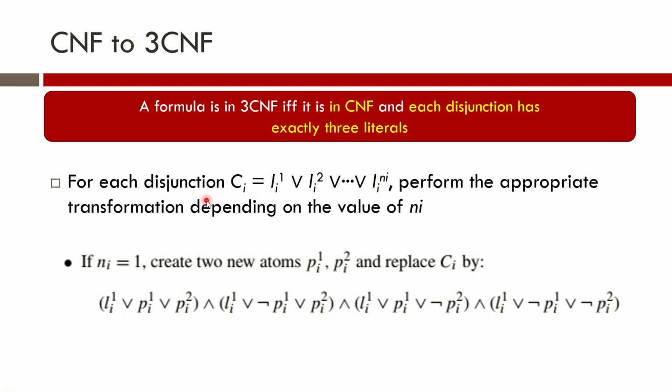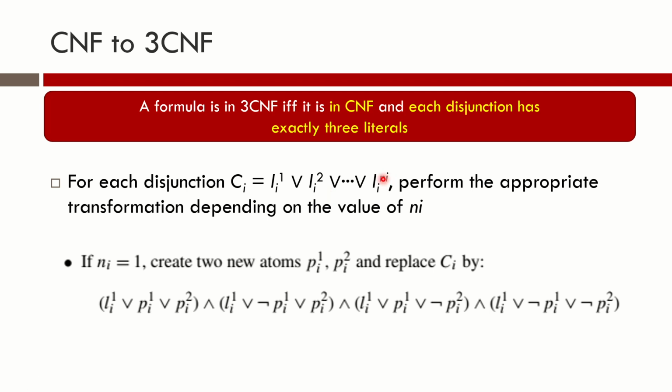Suppose Ci is a disjunction like Li1 or Li2 or ... or Lini. This is a disjunction in CNF representation. Depending on the value of ni, we need to perform one of the following steps to convert this formula into 3CNF.